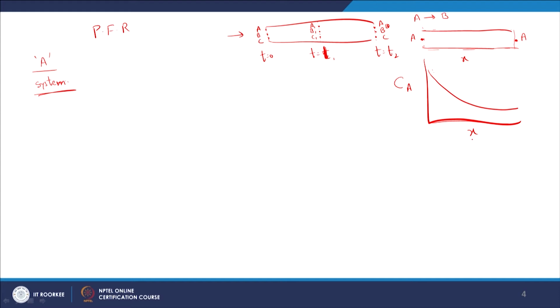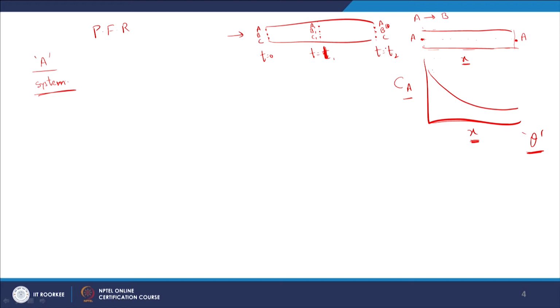This is one fundamental mistake most people make. As it travels along the course of the reactor, the concentration of A changes with distance. People say time, but it's not time; at best you can look at it by talking about hydraulic retention time. We are going to talk about what that is later.